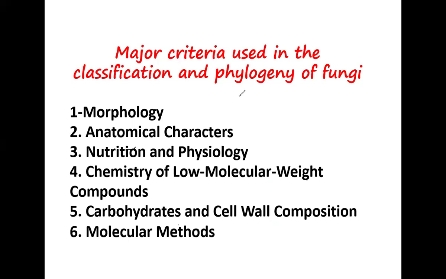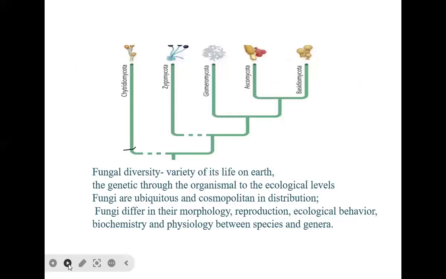Morphological, anatomical, nutrition and physiological, chemical components and cell wall composition, and molecular sequencing, DNA and RNA sequencing, phylogeny. Okay, these all are taken into consideration for the classification of fungi.